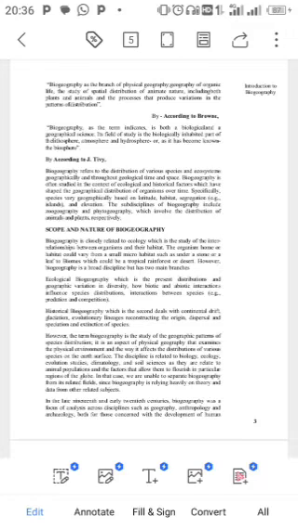What is biogeography? Biogeography is the study of the geographic distribution of plants, animals, and other forms of life. It is concerned not only with habitation patterns but also with the factors responsible for variation in their distribution.